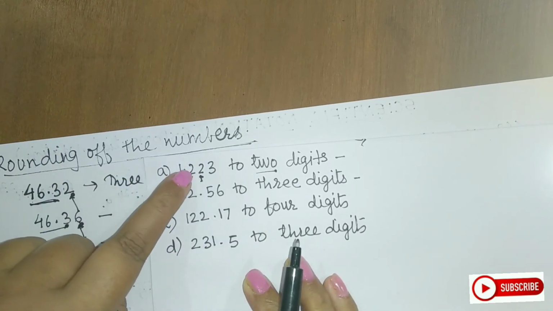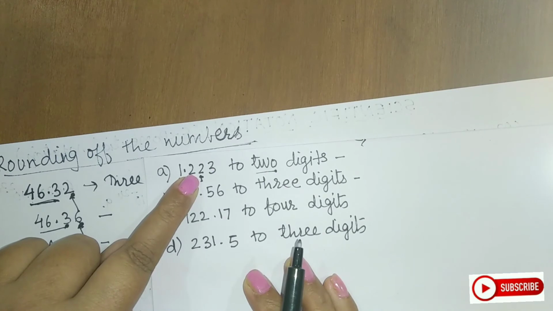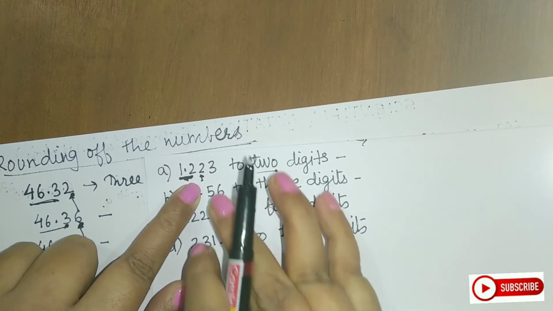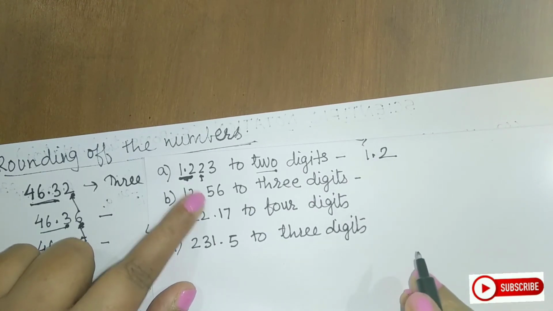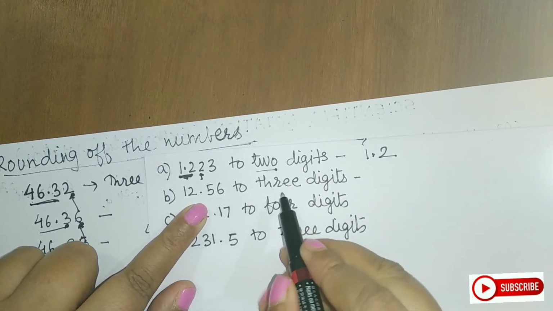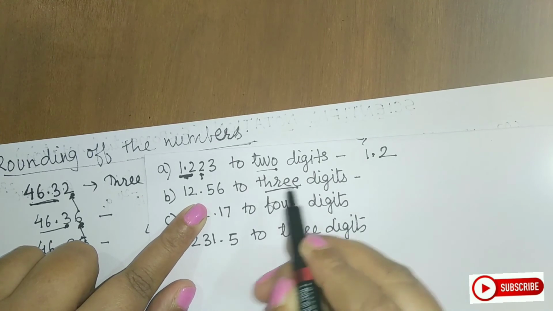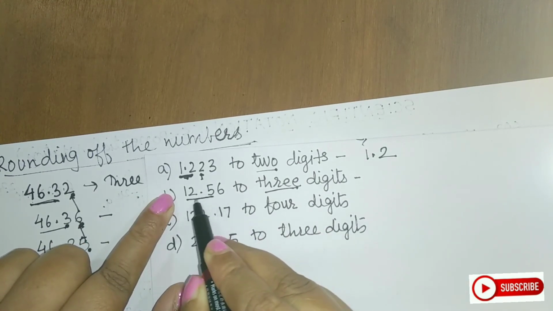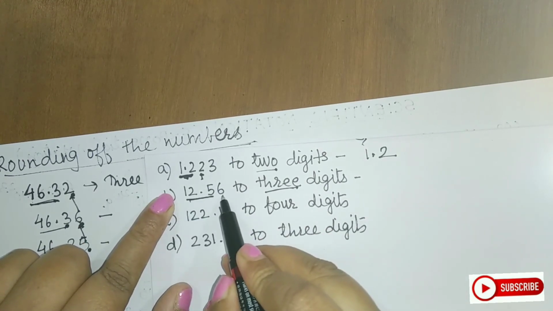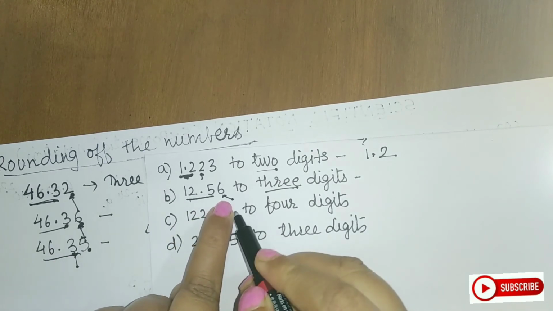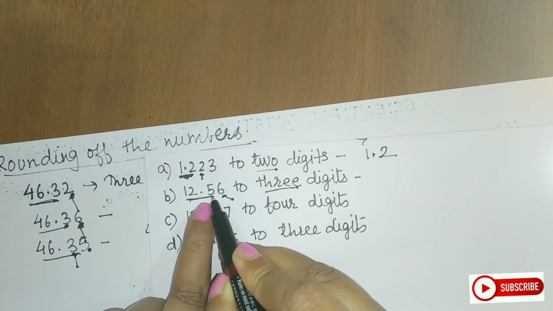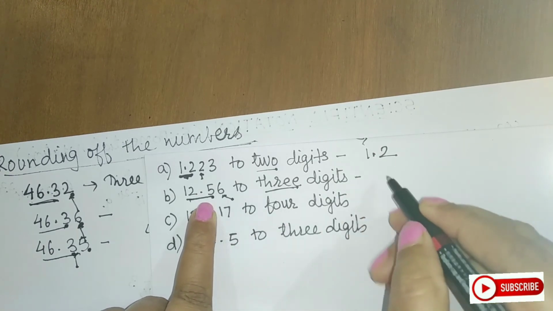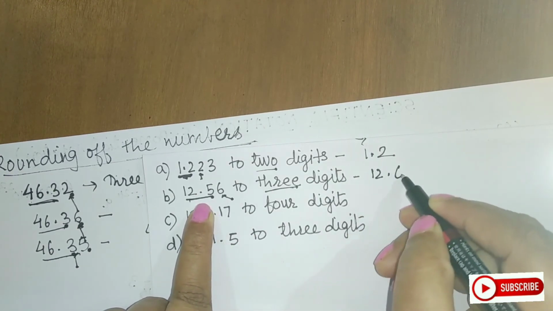If you see, this digit is less than 5 and therefore I will drop that and the answer will be only 1.2. Come to this, they are asking the answer in 3 digits. So I want the answer only up to this, and so I will check this digit. If you see this digit, it is more than 5 and so this digit will increase by 1. So your answer will be 12.6.